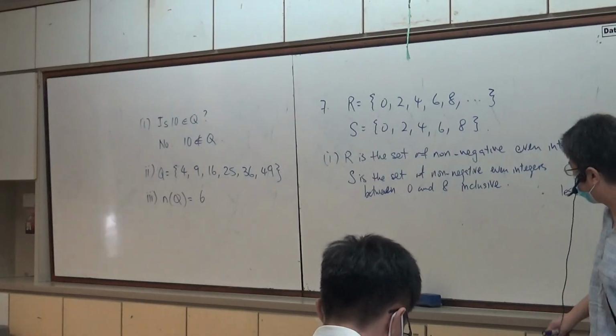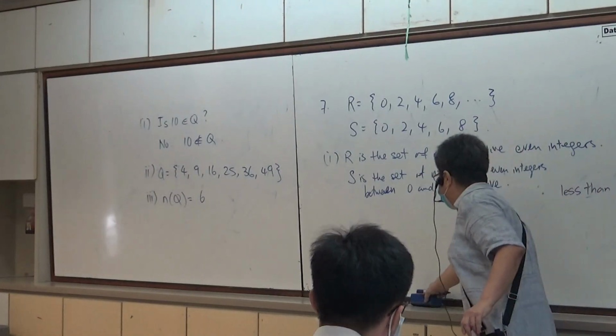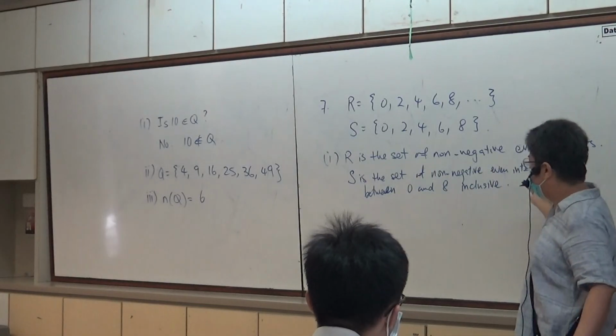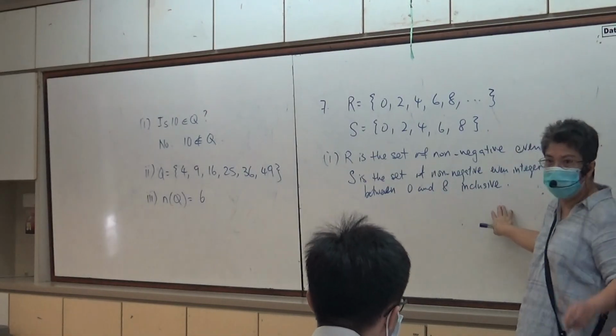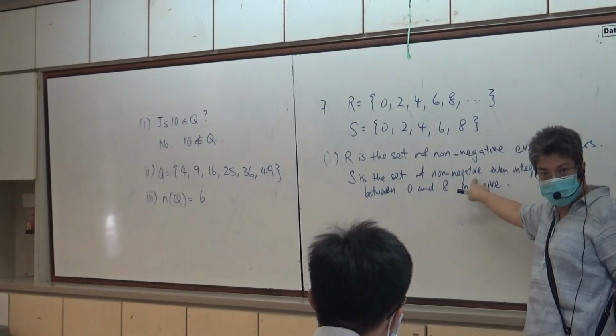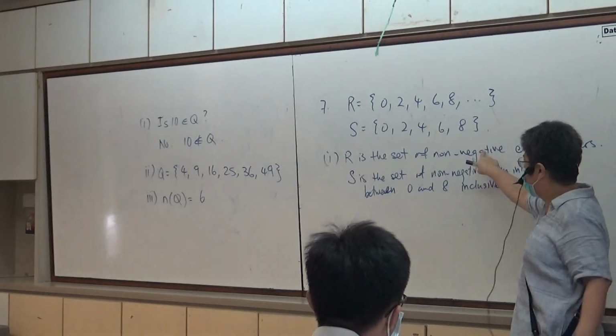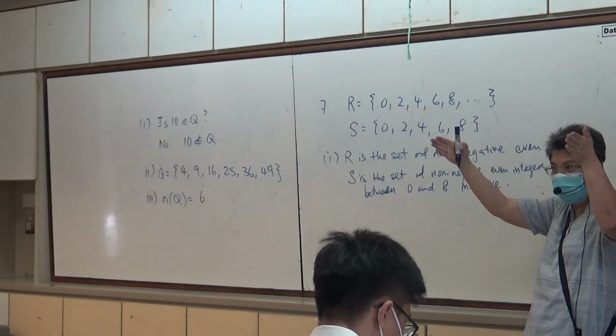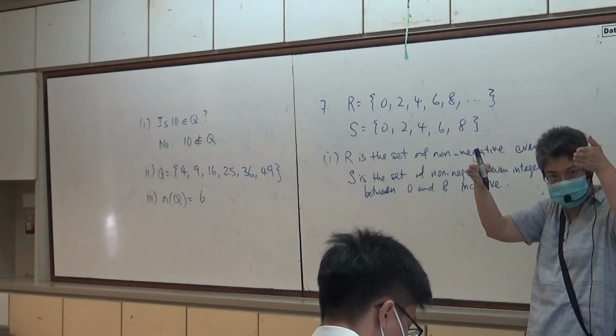Now, next question that they ask. Between 0 and 8, why do you need to put non-negative? You already put inclusive 0 and 8. I know. But it's good to specify first. Understand? Because it comes from here. First we specify the set, after that we say the limits.